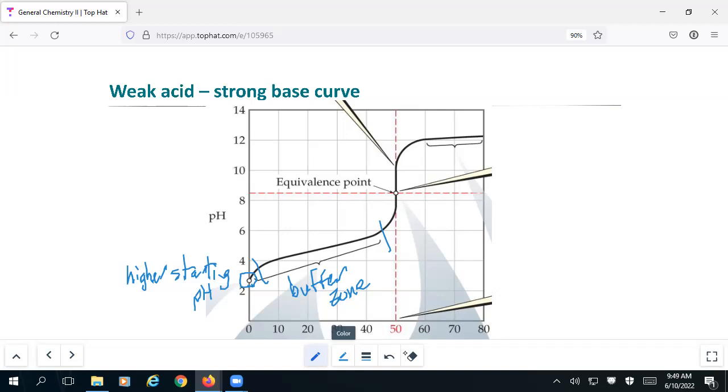And as you know, buffers change incrementally. So it's not going to be 2, 2, 2, 2, 2.01 as you're going through the titration. It's going to be 2.12, 2.15, 2.19, 2.24. It's going to just gradually increase as you go because each drop of base is going to affect that ratio.